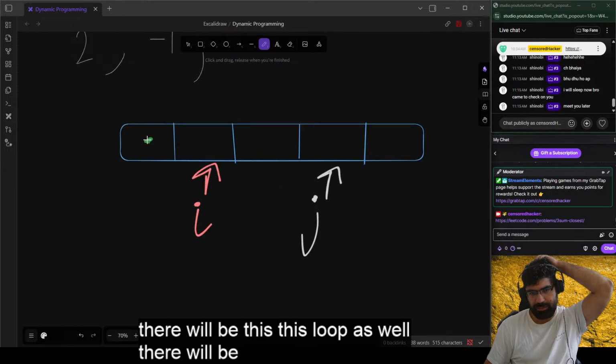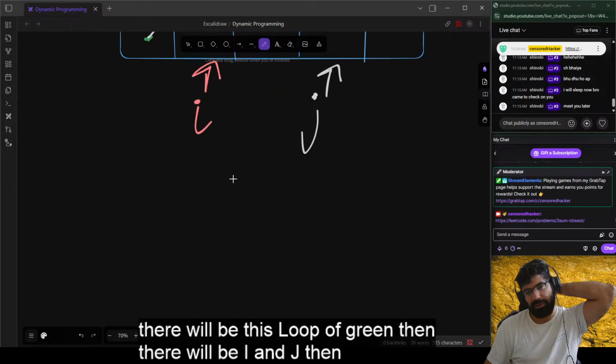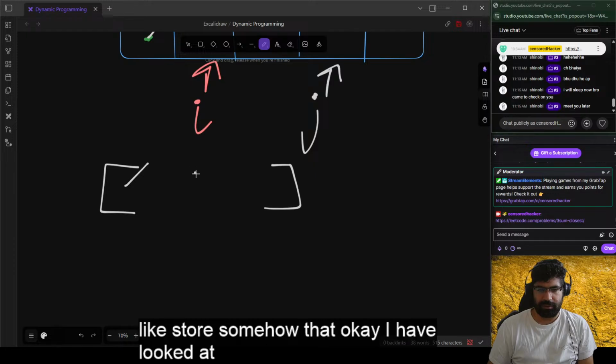There will be this loop of green, then there will be i and j, then I have to store somehow that I have looked at this number. No, that won't work.